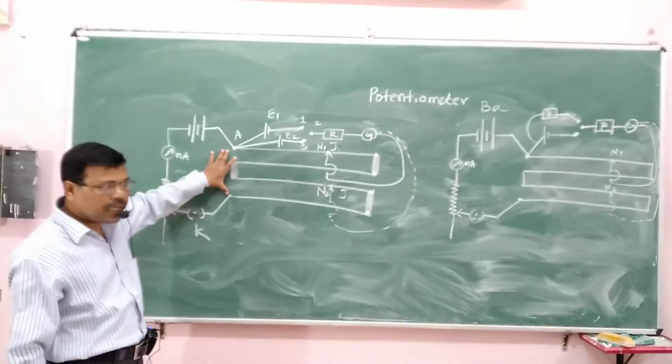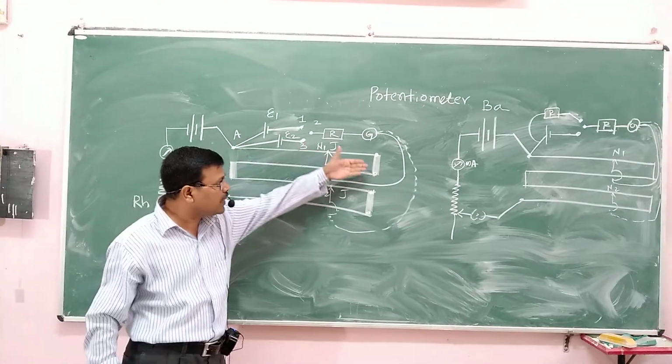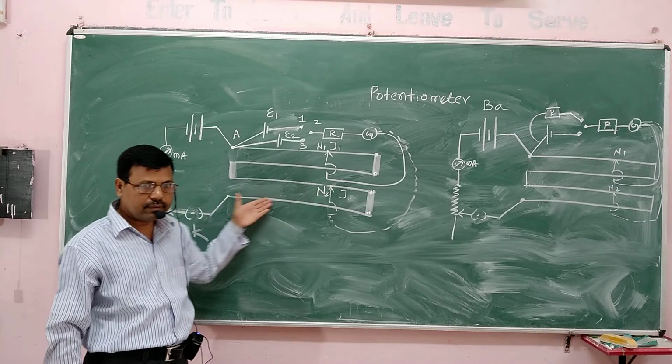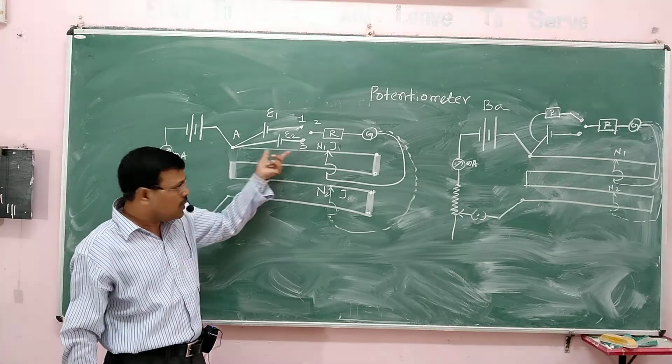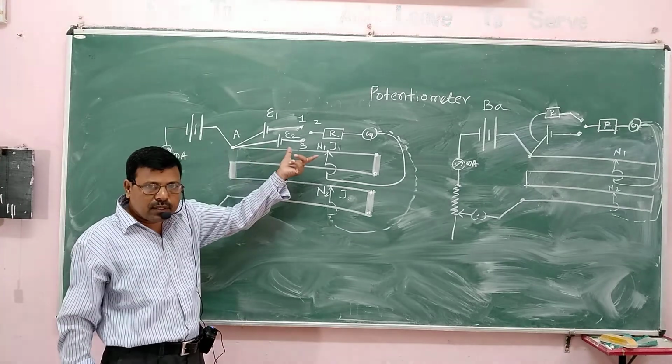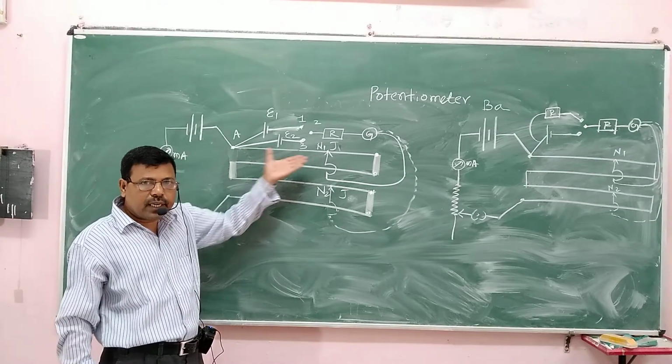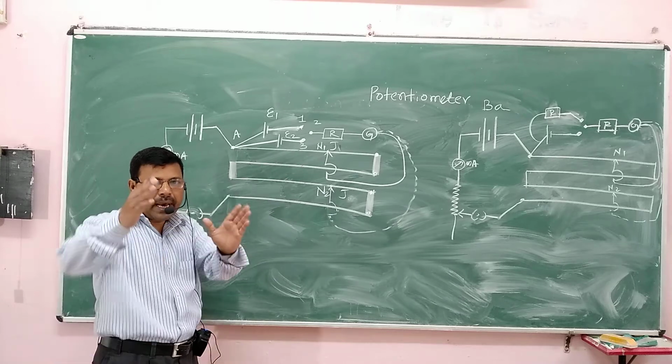When a steady current is maintained through a wire, then the fall of potential across the length of the wire is directly proportional to the balancing length.